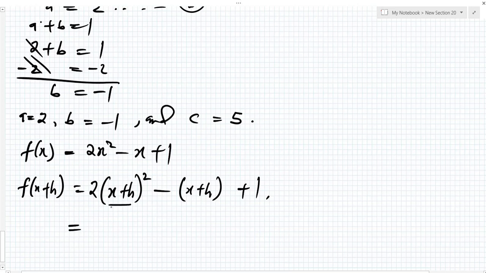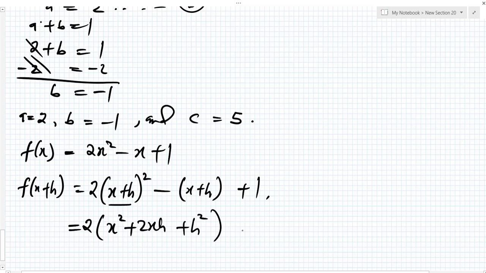So if we want to open up this bracket, we will now have 2 into x squared plus 2xh plus h raised to 2 minus x bracket open x plus h plus 1.